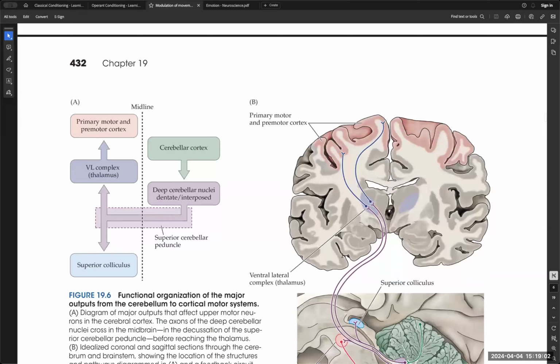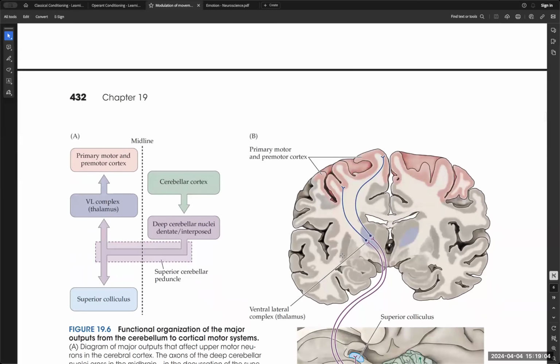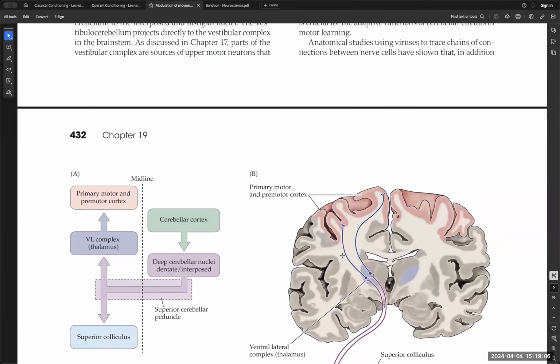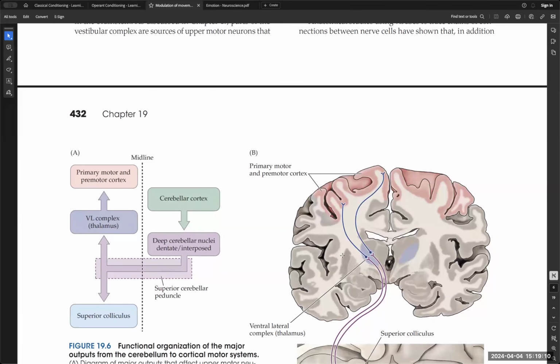So let's talk about the superior peduncle, superior cerebellar peduncle, and what we talked about in the context of trying to understand the projections that leave the cerebellum.